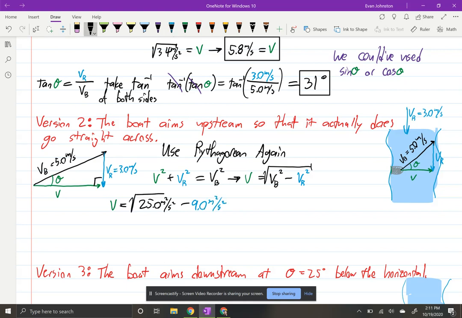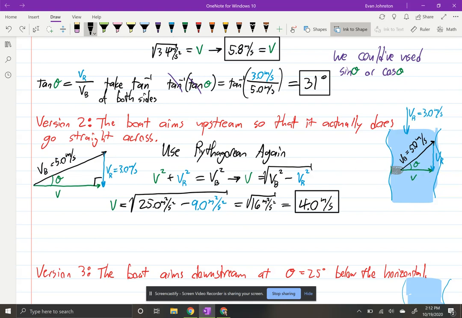And we're taking a square root of all that. And so, well, now we have 25 minus 9, that's 16. So the square root of 16 meters squared over second squared, well, that's just 4. 4.0, we're keeping sig figs, meters per second. So that's actually how fast the boat will be going straight across the river if it aims up like that.